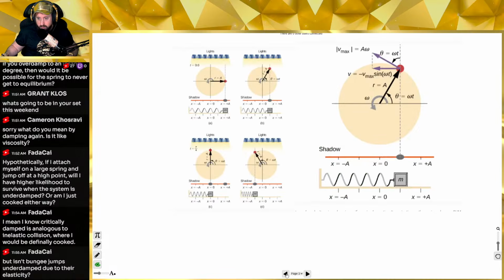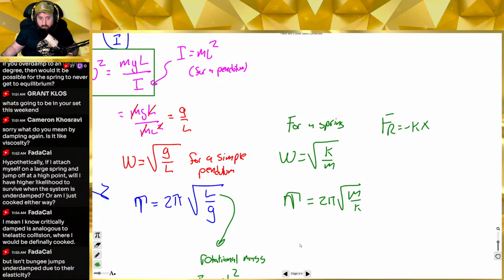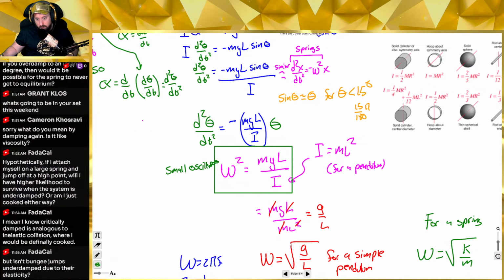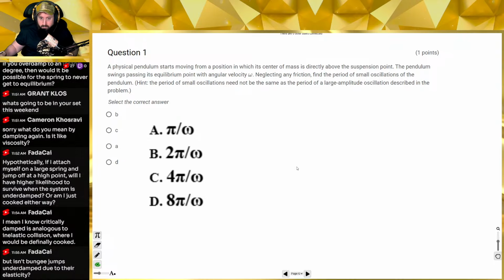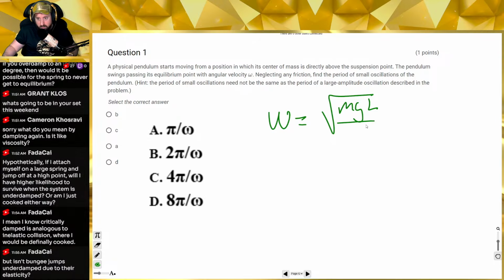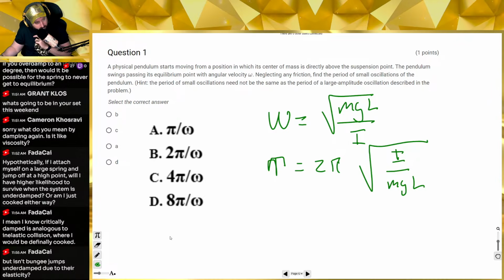We remember from earlier in the class that omega was equal to the square root of mgL over I. So the period would be 2 pi, and then we flip this, and this would be I over mgL.